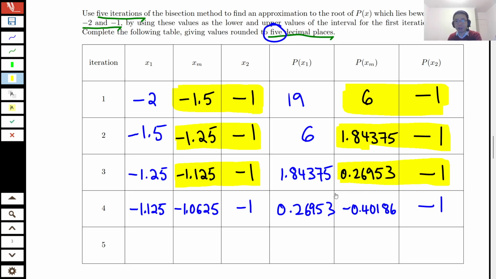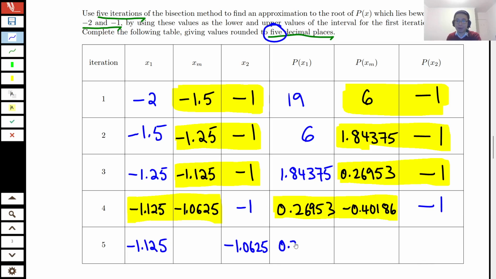The function did not change sign in the upper half this time because it was negative in the middle and negative at the right end. This time, the function changes sign in the lower half. So this time, I want negative 1.25 to be my lower bound and negative 1.0625 to be my upper bound.